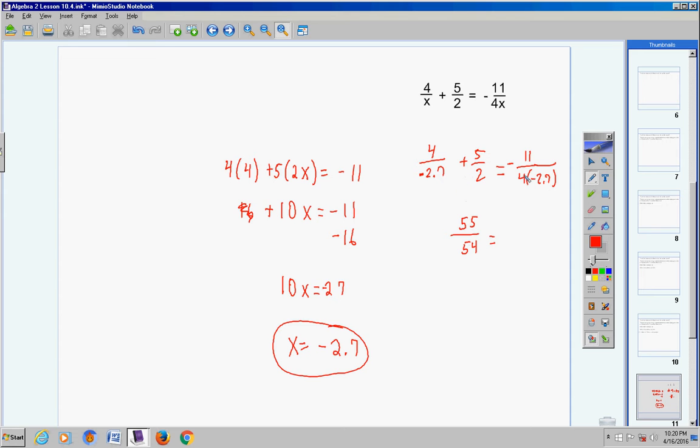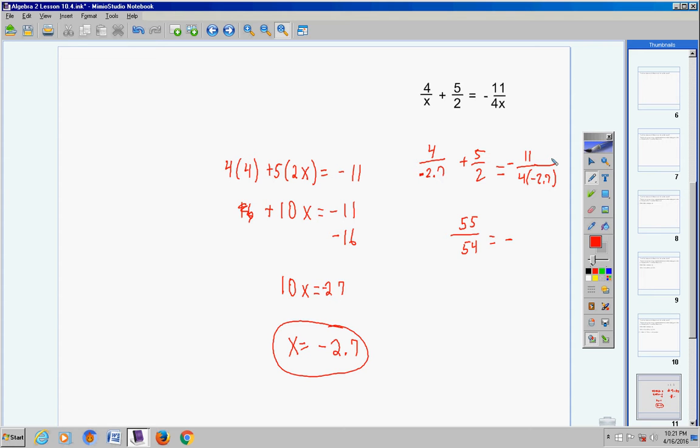Now, I'm going to type into my calculator. Don't forget there's a negative sign here, so put a negative sign. 11 divided by, and then put parentheses, 4 times negative 2.7, enter, and then math, enter, enter. And I'm not sure why I'm not getting the exact same fraction. Let me look at this again, because I typed in the wrong number.